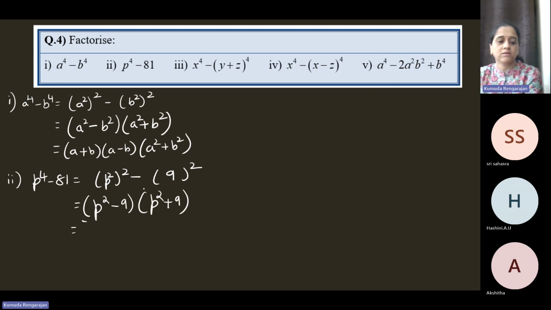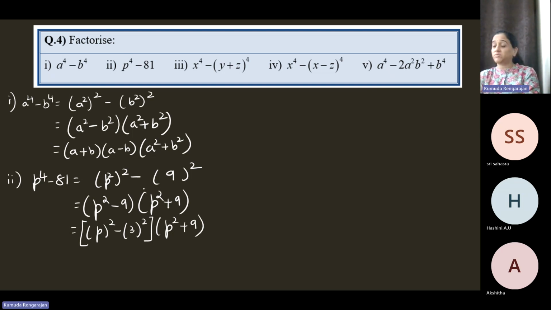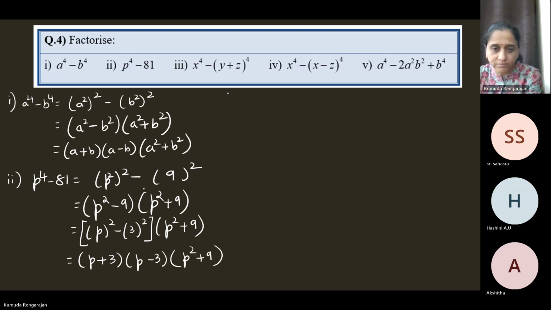Now this is again of the form p the whole squared minus 3 the whole squared into p squared plus 9. So p squared minus 3 squared is p plus 3 into p minus 3. So the answer is p plus 3 into p minus 3 into p squared plus 9. Correct.